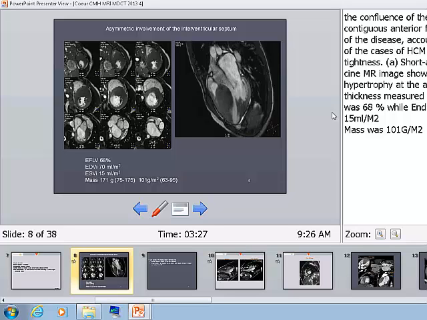There was an increase of mass of 101 grams per square meter. Here you have the LVOT, where you see the SAM obstruction, and the hypersignal is linked to acceleration of blood flow.